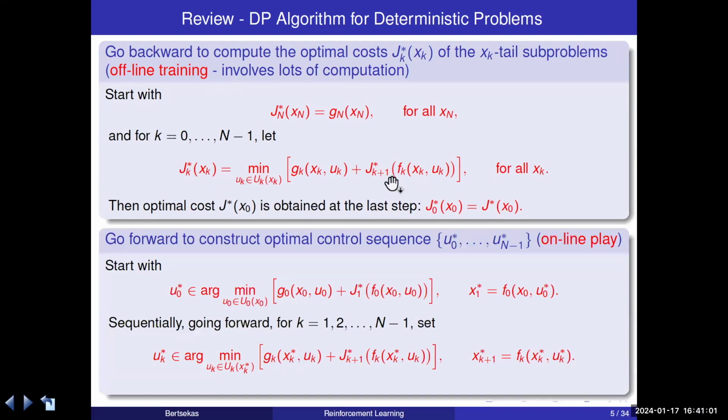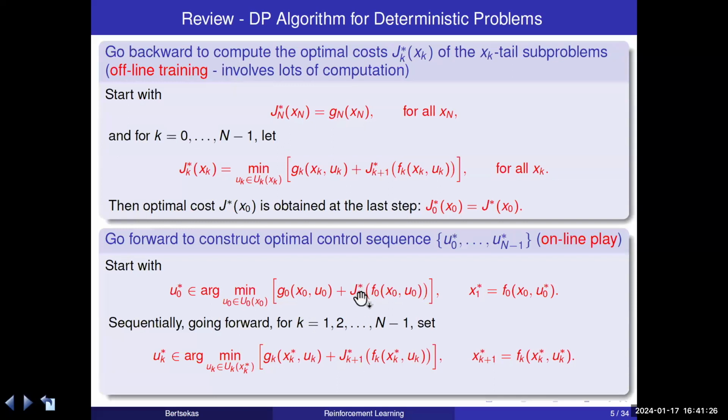Now, it's possible to obtain an optimal solution by keeping track of all the controls that we obtain by minimization of this equation. However, we can also, after we finish with all the J stars, go forward in an online play fashion, starting with the initial state.